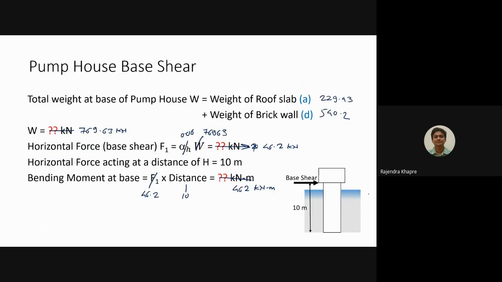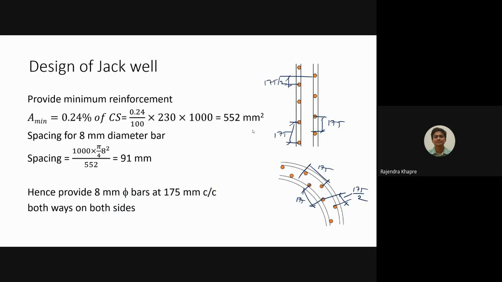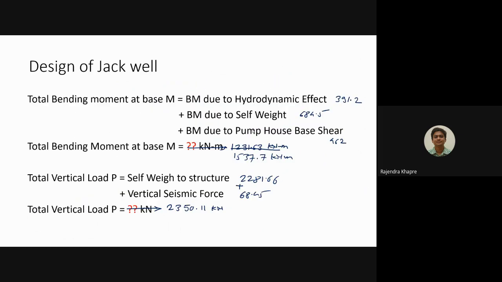So let me note down. This alpha H value is 0.06 multiplied by weight. So this is nothing but the weight of the total pump house.